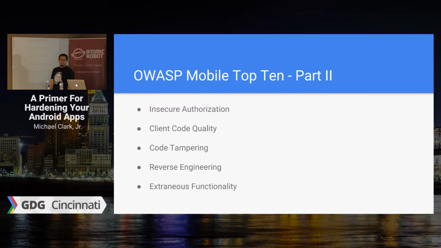M8 is code tampering. This is things like binary patching, local resource modification. In iOS, that's called, I think, method swizzling. Any kind of dynamic memory modification, smashing the stack, things like that.